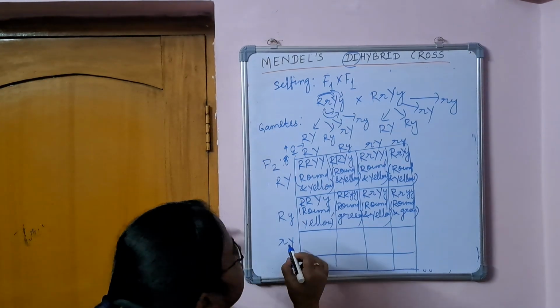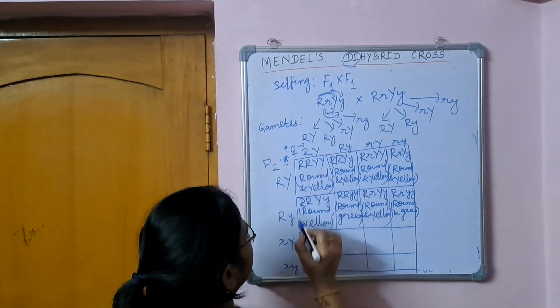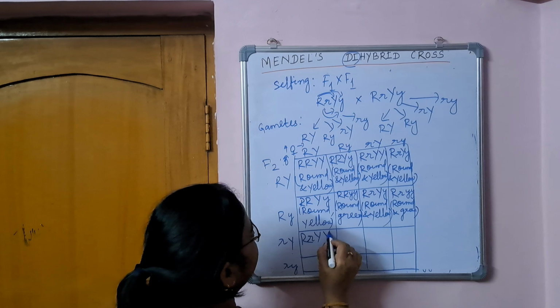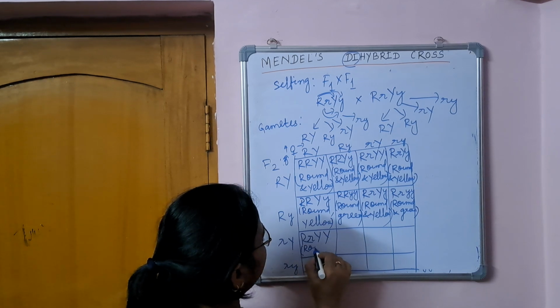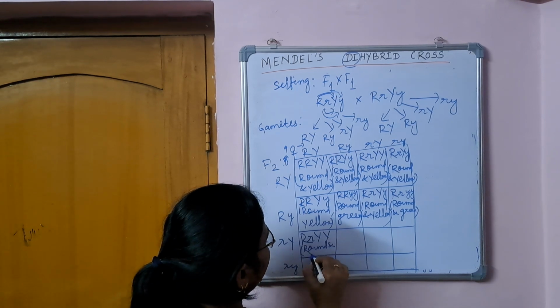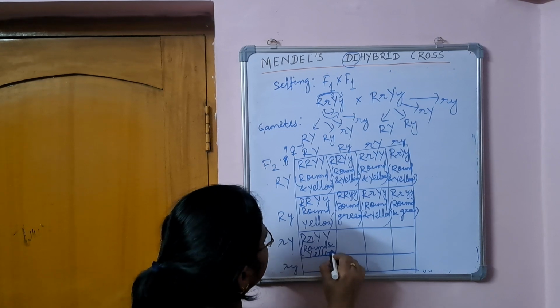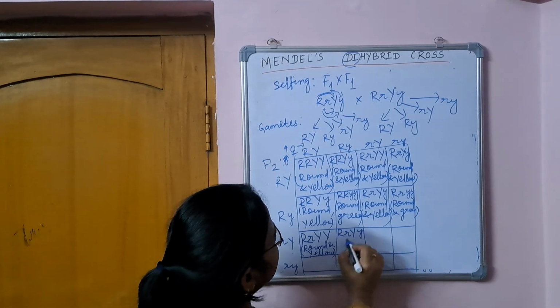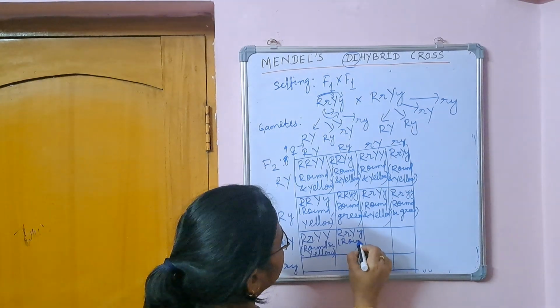Now come to the third row. Here again, capital R, small r, capital Y. This will be round and yellow. Then again capital R, capital Y, small y, round and yellow.